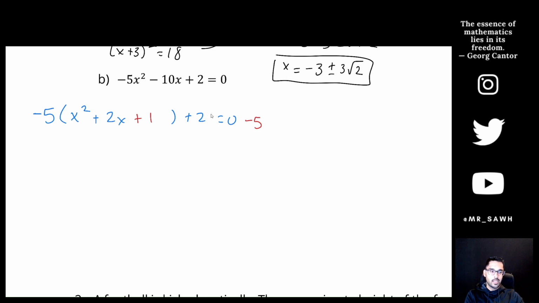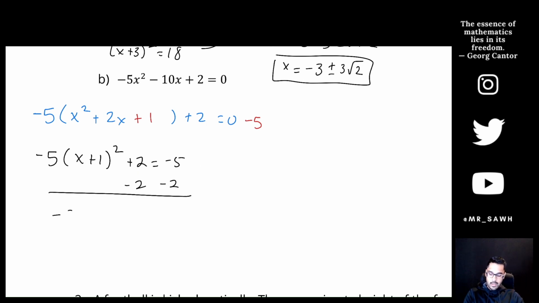And we'll graph this one again just to make sure that we've got the signs in the right place. Okay, so there's my number, so there's my minus 5. This ends up being x plus 1 squared plus 2 is equal to minus 5. And if you move your 2 over by subtracting, then negative 5 x plus 1 squared is equal to negative 7.